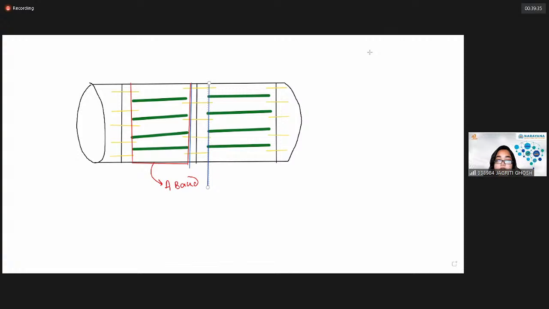The portion where thin filament is present is the I band. This is the I band then. This is the I band.